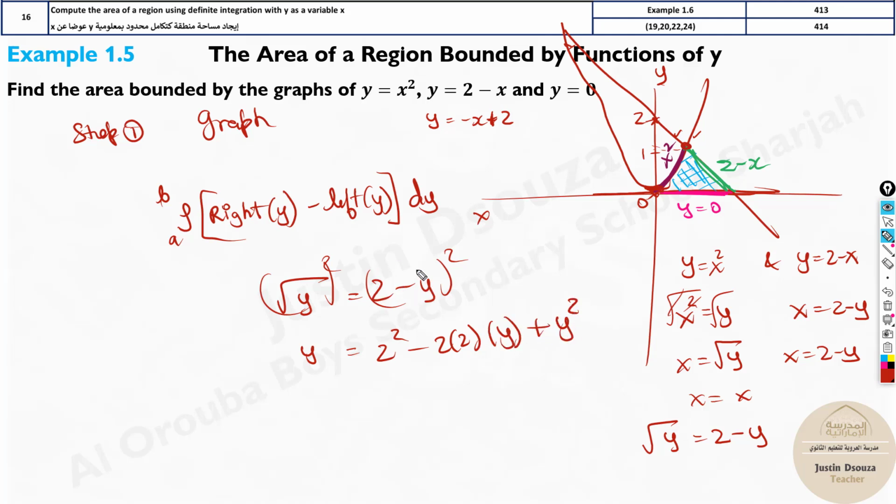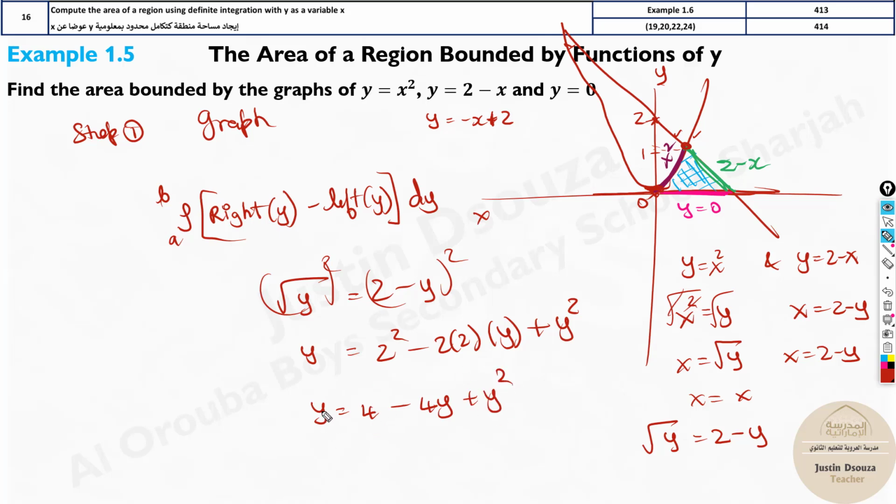That is the a minus b whole square formula. Whatever is the first term, square it, minus 2 times the two terms, 2 times 2 and y, plus the second term squared. And then y is equal to 4 minus 4y plus y squared.